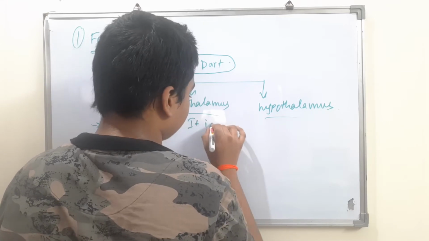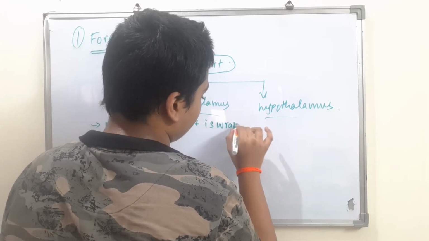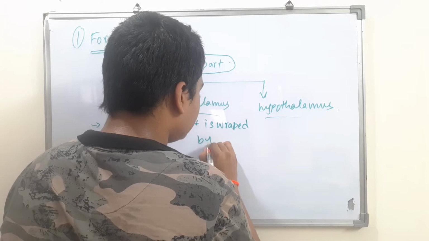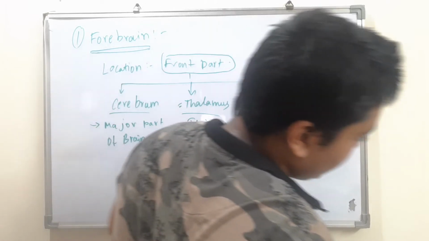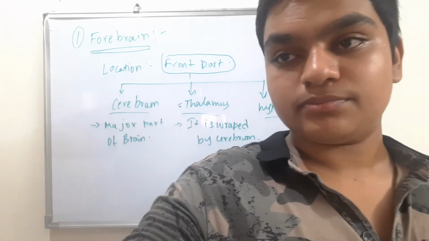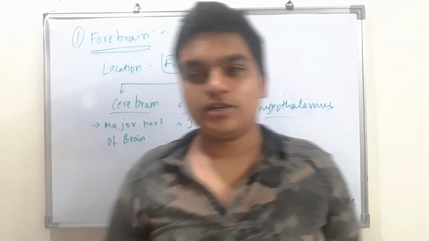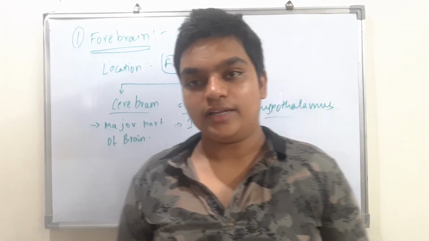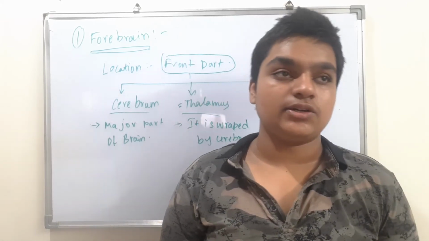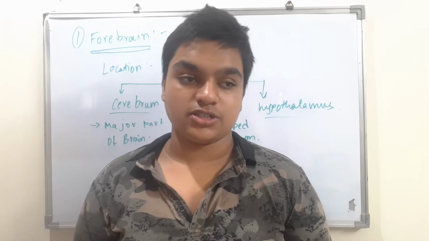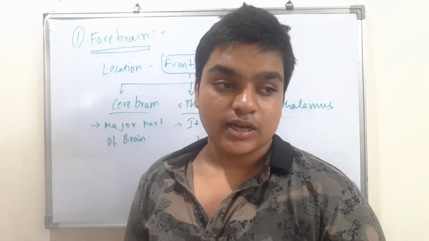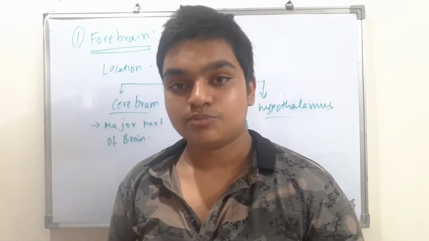It is wrapped by the cerebrum. The thalamus is involved in the functions of sensory, movement functions, language, etc.